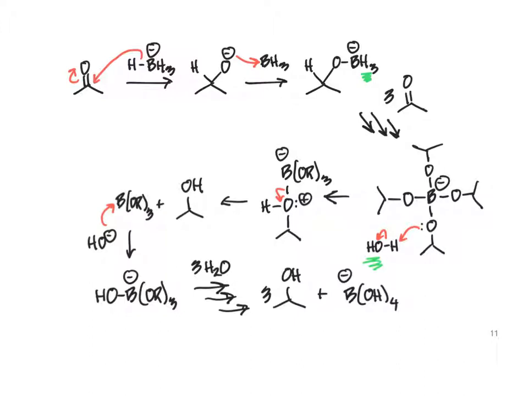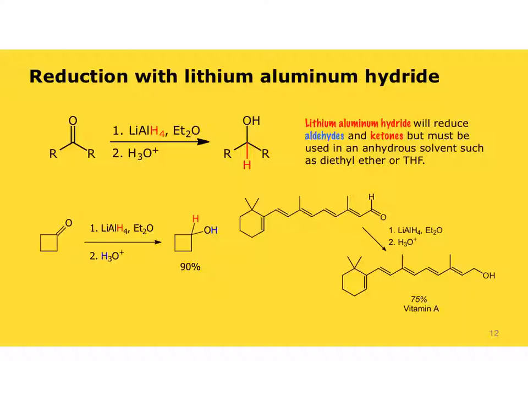There are alternatives. Some aldehydes and ketones are kind of slow to react with borohydride, and we can use other reagents. One of the more important ones is lithium aluminum hydride. This is a stronger reagent. It does the same thing, but it's a more aggressive, stronger reagent, and so some compounds that are sluggish to react with sodium borohydride will react quite readily with lithium aluminum hydride.